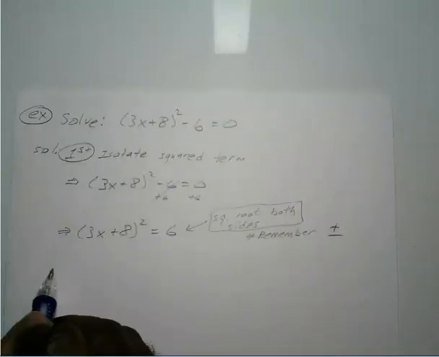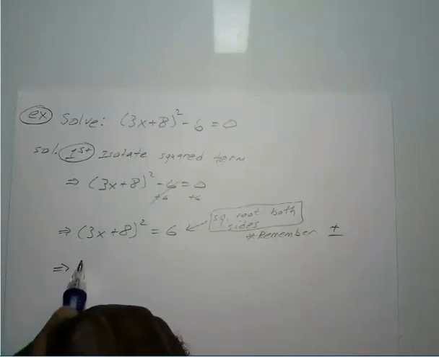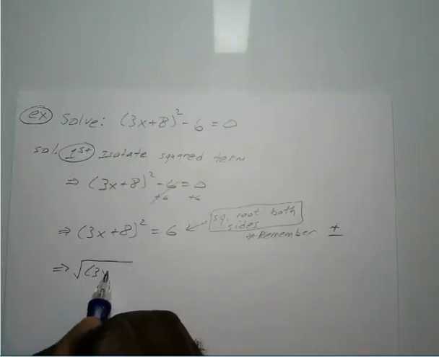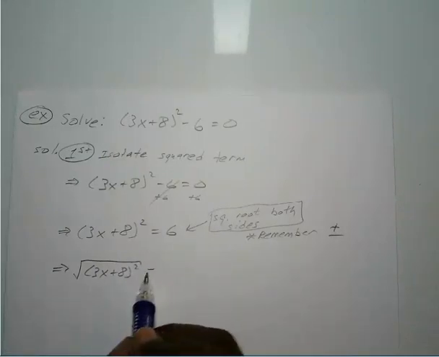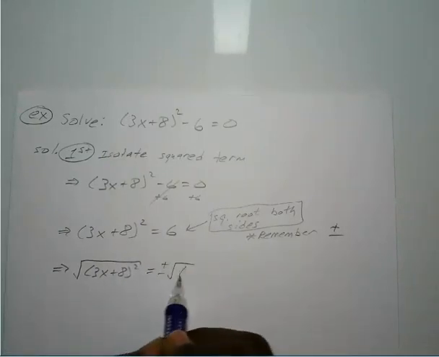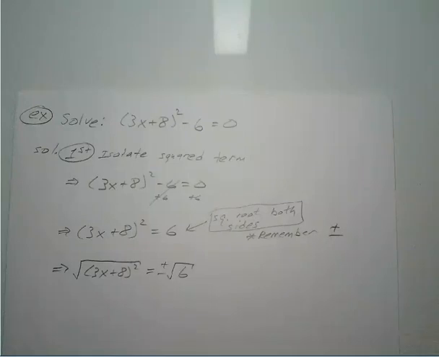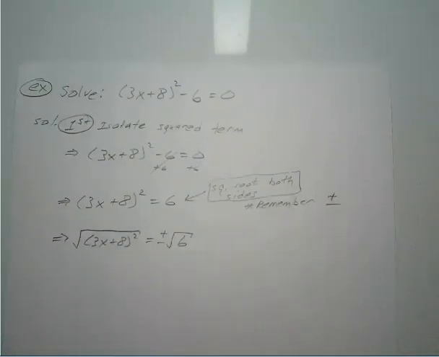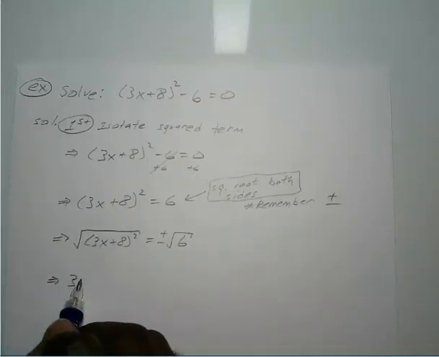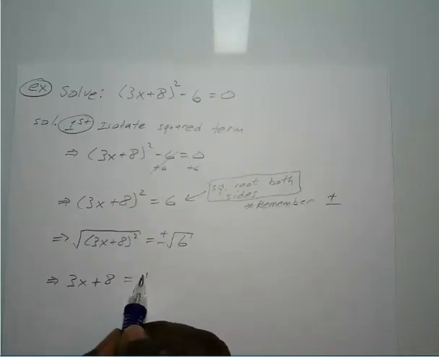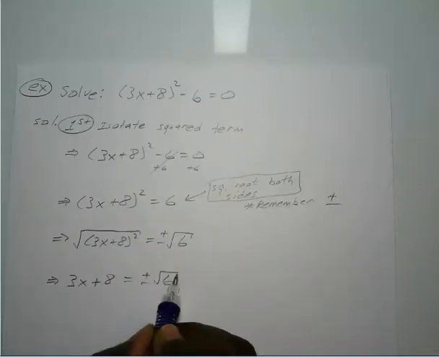Okay, so if we go ahead and square root both sides, so we have the square root of (3x + 8) squared equals plus or minus the square root of 6. So once again, our square and square root cancel each other out. So you have 3x + 8 equals plus or minus the square root of 6.